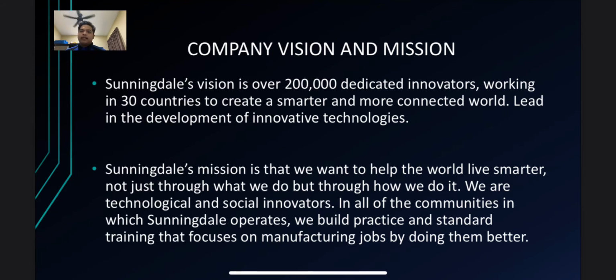For the mission, Sunningdale Malaysia's mission is we want to help the world live smarter, not just through what we do, but through how we do it. We are technological and social innovators in all our communities in which Sunningdale operates. We build practice and standard training that focus on manufacturing jobs by doing them better.